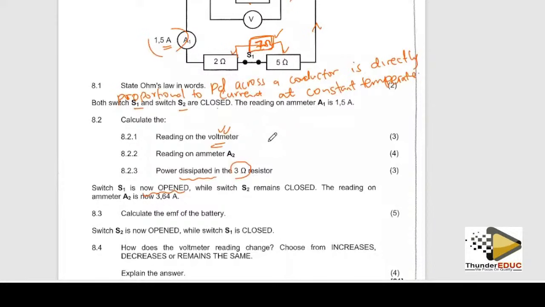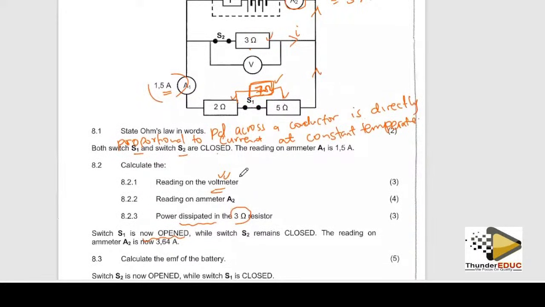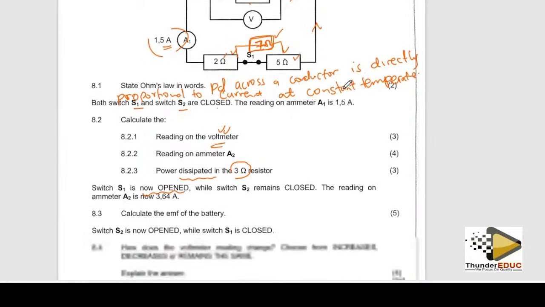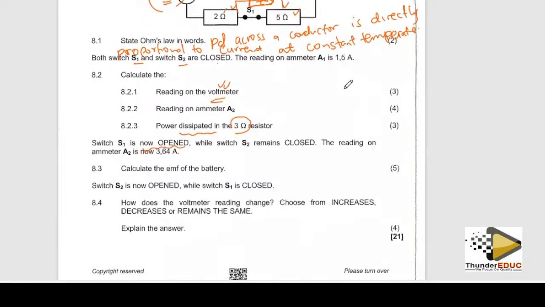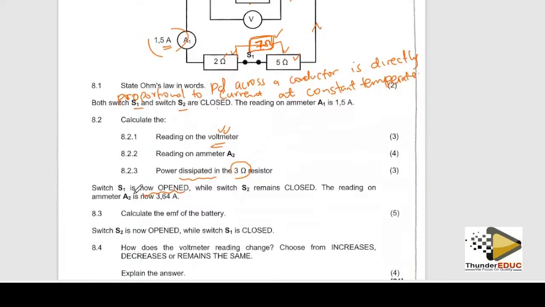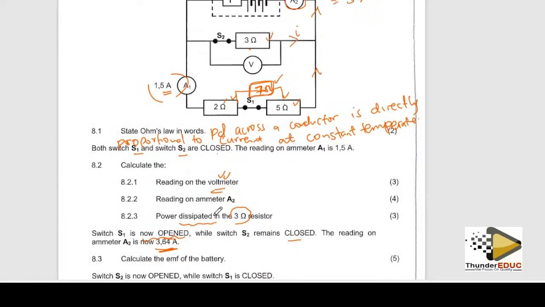So which means S1 is closed, and we shall have just the 2 ohm and the 5 ohm. So they're asking us to calculate. No, skip the question, guys. Sorry. S1 is opened while S2 remains closed. The reading of the ammeter changes to 3.64. Can you calculate the EMF?